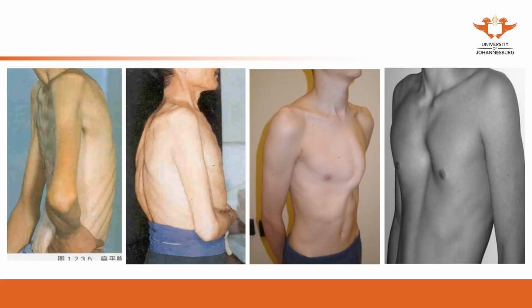In general, when you see the patient, the first is a very skinny patient, and the second is the diameter ratio that we described in the previous slides, from left to right and from anterior to posterior. The third is the protruding chest. The last is the sunken chest. So these are some abnormal situations.